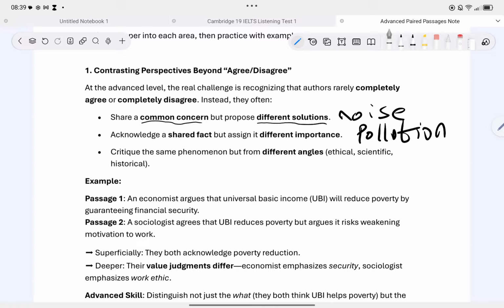Author B may say, while noise pollution is a major problem, making it a criminal offense is not the next step of action. Rather, we should educate people on how to avoid noise pollution. So both of them agree that noise pollution is a problem, but they disagree on the solutions. So in this case, both passages only differ on the supporting detail, not on the main idea.